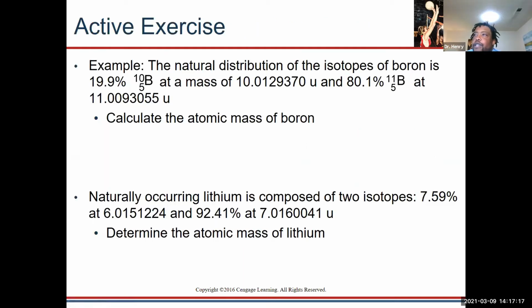It says the natural distribution of the isotopes of boron is 19.9% boron-10 at a mass of 10.0129370 units, and 80.1% boron-11, which is at 11.0093055 units. Calculate the atomic mass of boron. So how will we go about doing that?